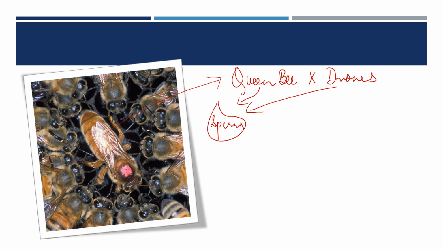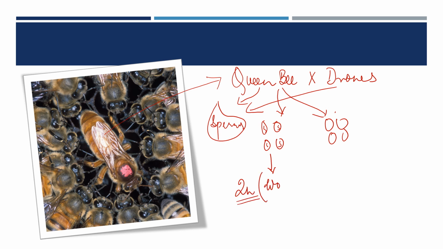Now suppose the queen bee has produced a number of eggs. Now a few eggs are being fertilized with the sperm. So these eggs which are fertilized with the sperm will give 2N, that is diploid organisms, and diploid is only the workers.